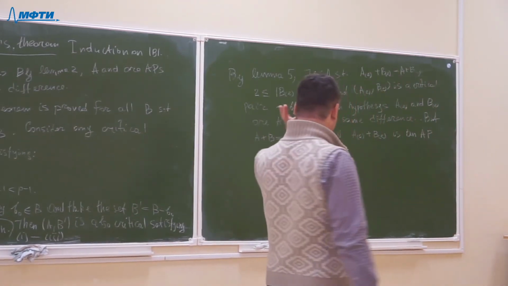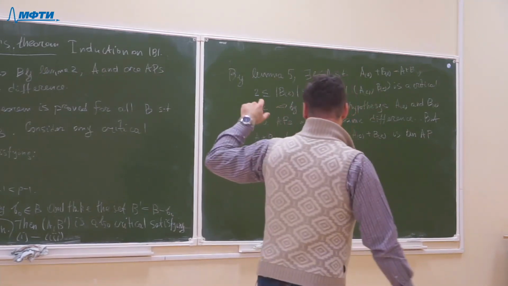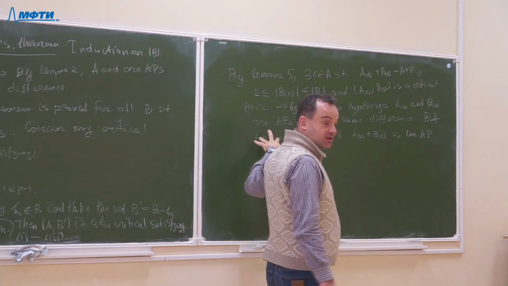And this progression also has the same difference. Right. So A plus B is an arithmetic progression.